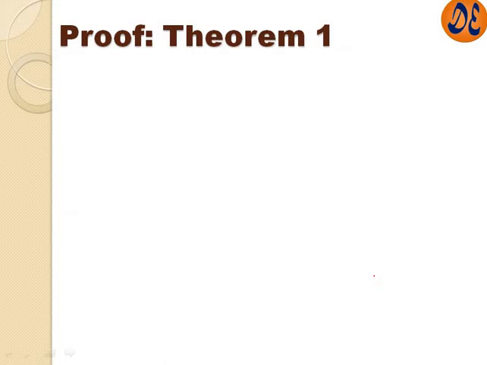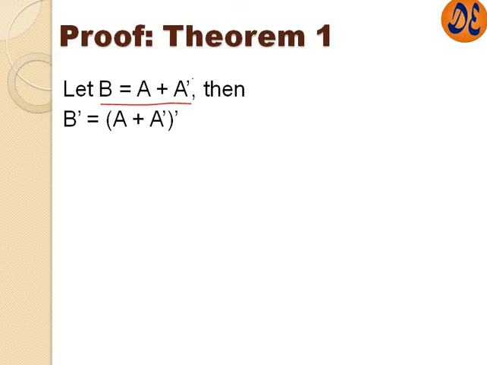So theorem number 1, let B be equal to A plus A dash. What we have assumed is B equals A plus A dash. A dash means transpose of A. I am pronouncing it as A dash here so that it is easy. So again, B dash is equal to A plus A dash whole transpose.